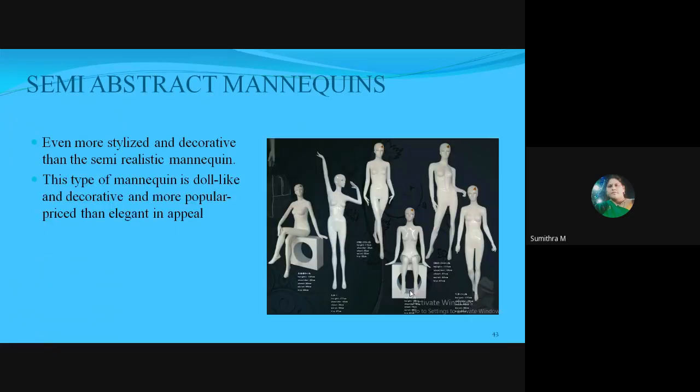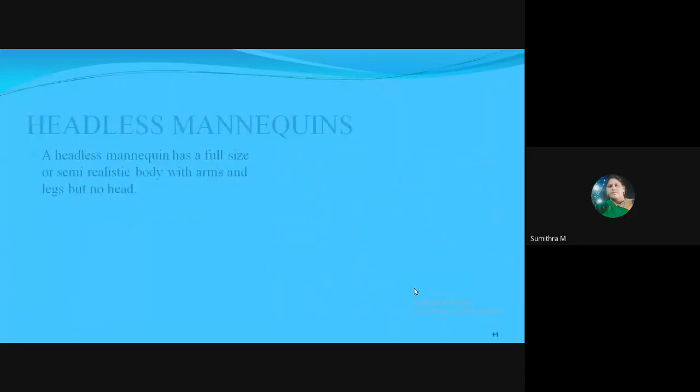Semi-abstract mannequin is more stylish, more decorative than the semi-realistic mannequin. And they also describe this mannequin as doll-like, decorative, and more popular.